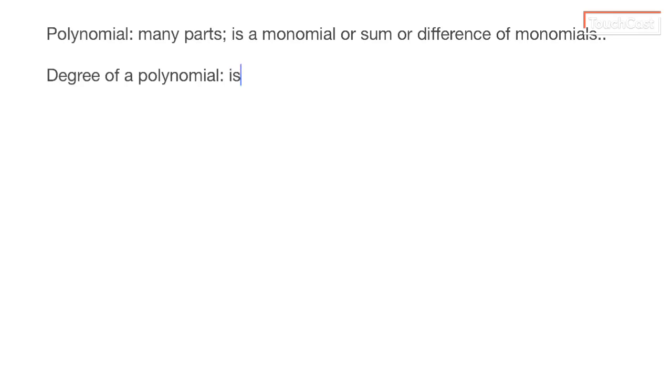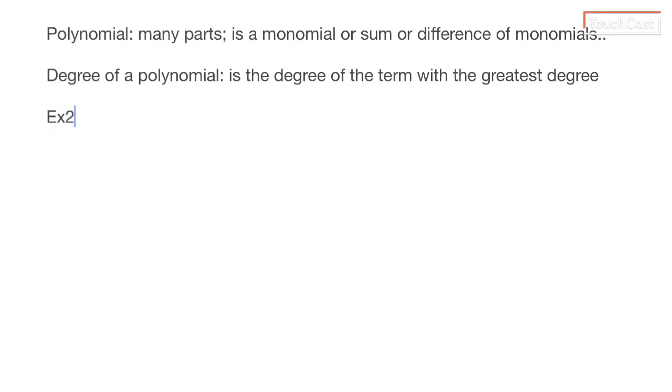So it is the degree of the term with the greatest degree. And that might seem kind of odd, but let's look at some examples. So this is example 2. We are going to find the degree of each polynomial.